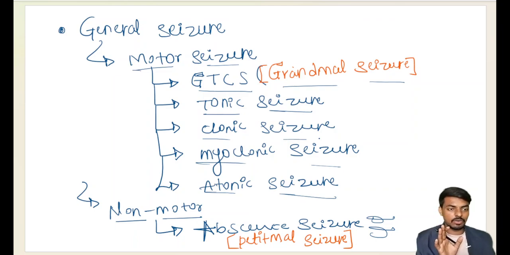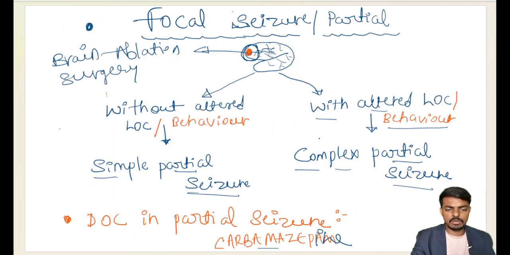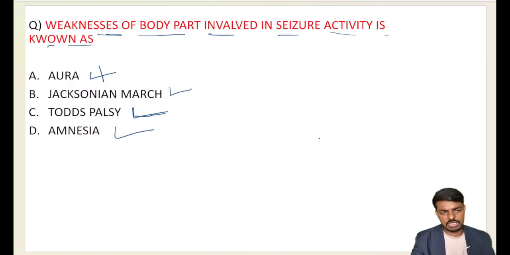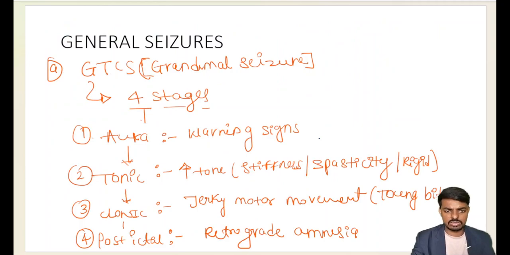It is the particular seizure induced during electroconvulsive therapy, ECT. We will study it in detail because this seizure is very important for your examination. 90% of the questions asked on seizures are on the generalized tonic-clonic seizure.